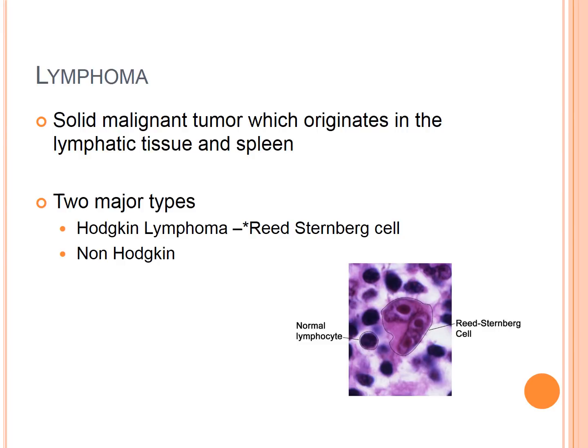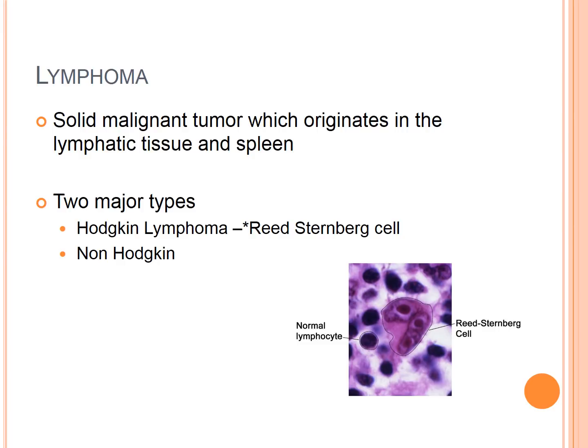Okay, so we have Hodgkin's lymphoma. Hodgkin's lymphoma is determined by something called a Reed-Sternberg cell. And you can see here in the little picture, a normal lymphocyte looks like these little dark purple circles.